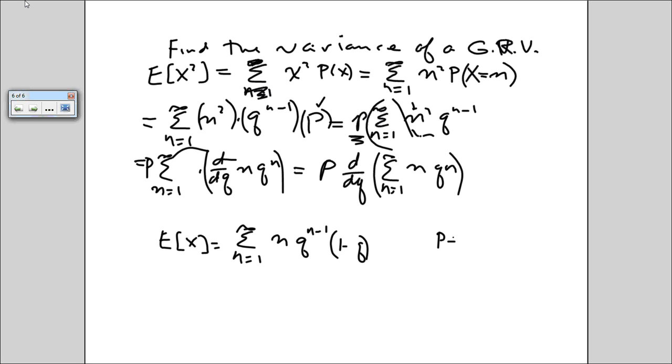Remember, p plus q is 1. So if you bring over the q as negative q, you get p. Now, out of nowhere, I'm going to multiply both sides by q over 1 minus q. I do that to the left side, and I do that to the right side as well.